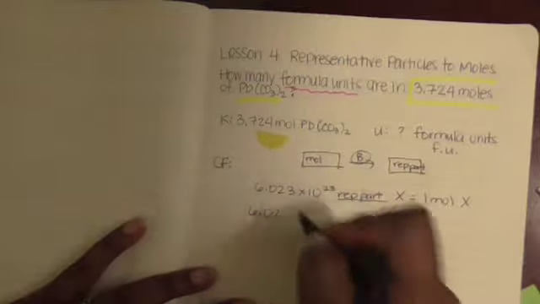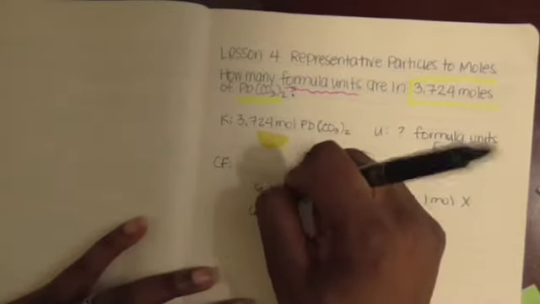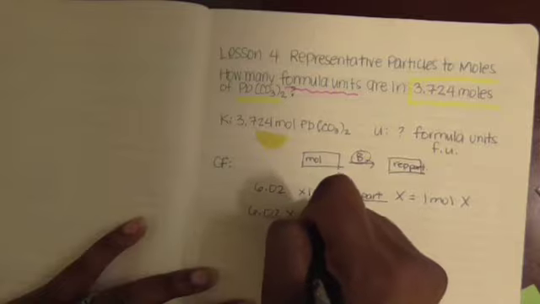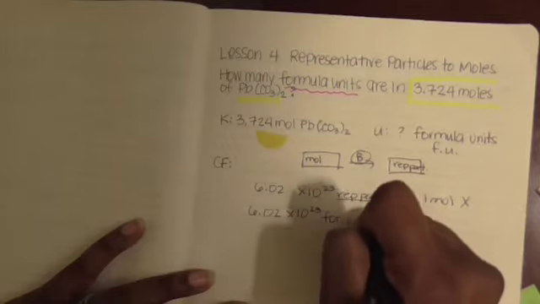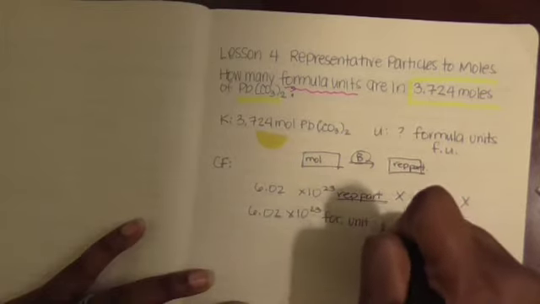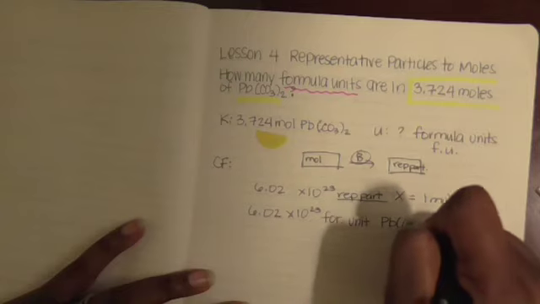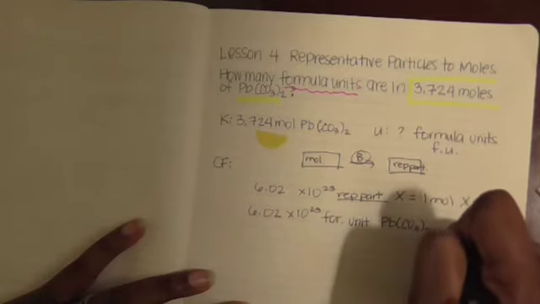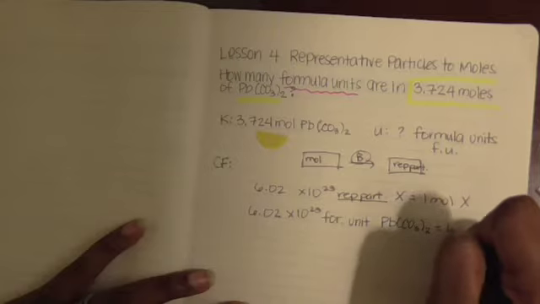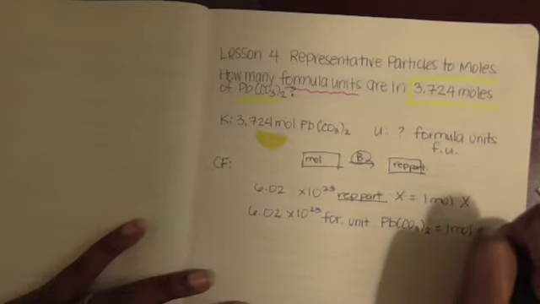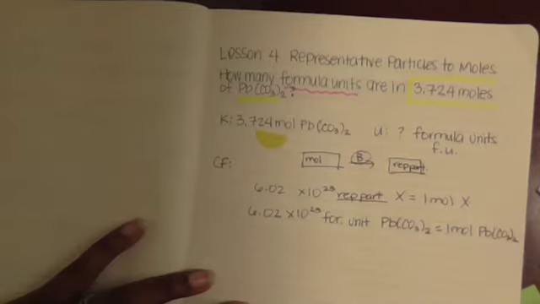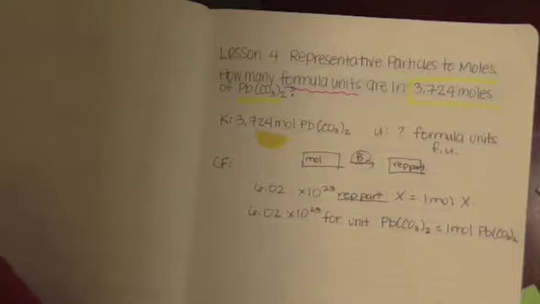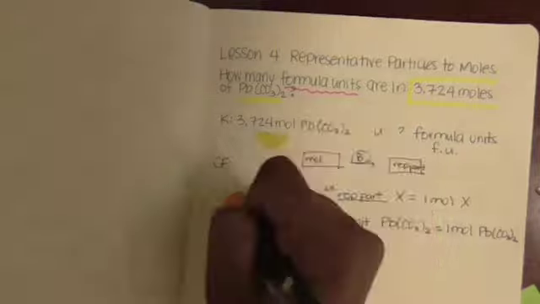Your paper doesn't say 23, it just says 2. So 6.02 times 10 to the 23rd formula units of Pb(CO3)2 equals 1 mole of Pb(CO3)2. That is our conversion factor, and we're going to label that B.